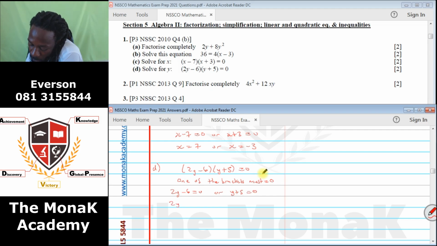So 2y, we take the 6 to that side, it becomes a positive. We divide by 2, we divide by 2, so y is 3, or y equals to, take the 5 there, it becomes negative 5. So those are your two answers, 3 or -5.